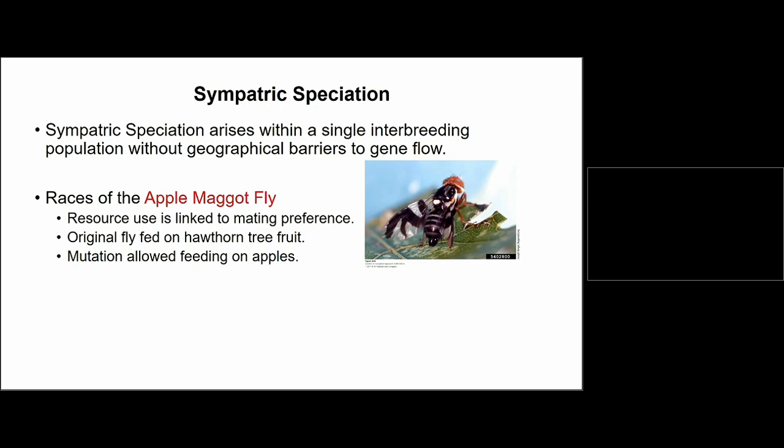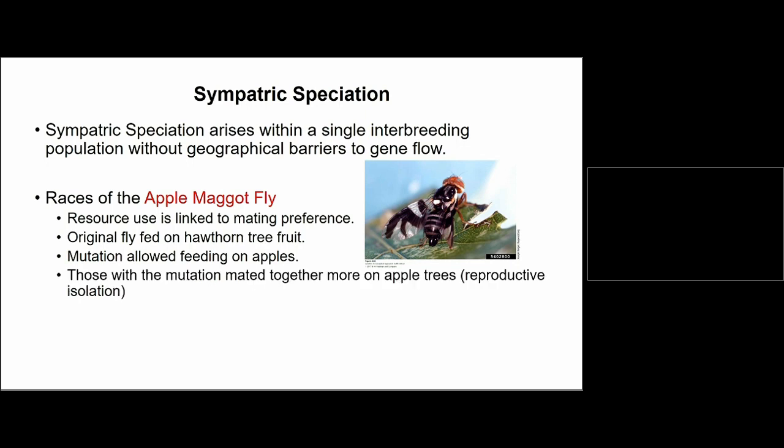So over time, the flies hanging out on the apple trees have evolved to mate 3 weeks earlier than the flies on the hawthorn trees. Their mating time is changing because it makes sense to mate when they can lay their eggs in the growing fruit, and the fruit is developing at different times.